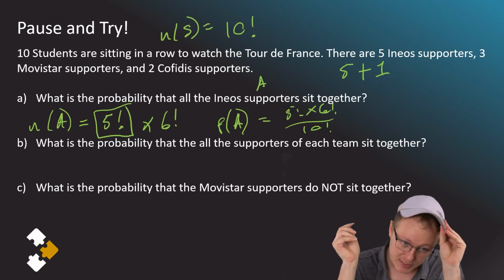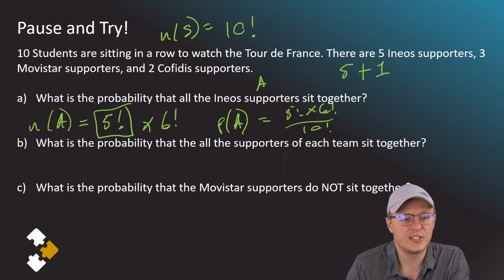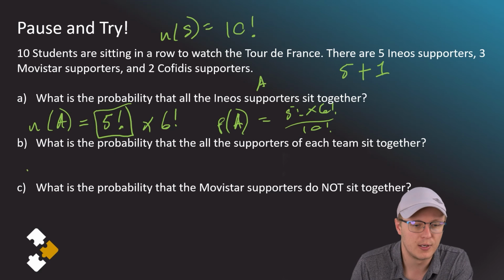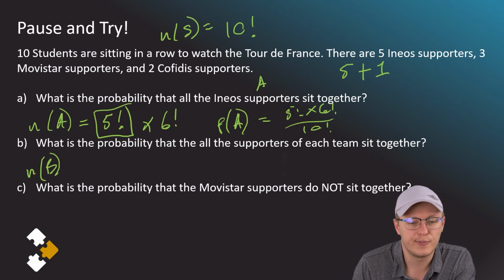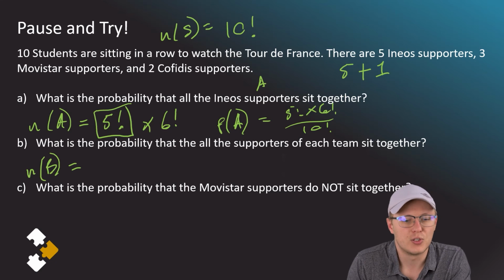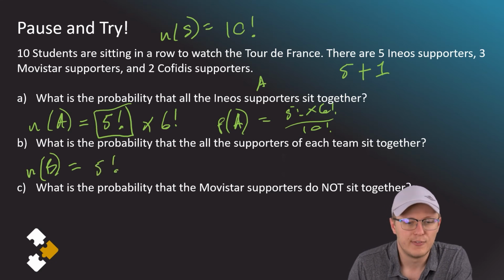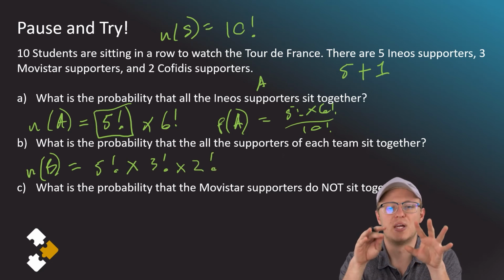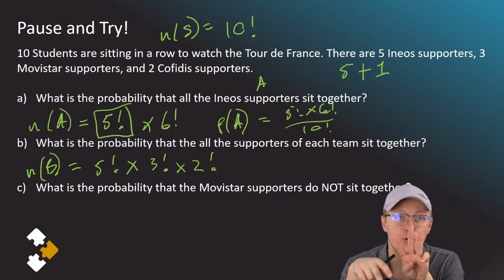Then it says, what is the probability that all the supporters of each team sits together? So now for this event here, basically we're saying that we're grouping it and that we've got 3 groups. So first, we're going to find out how many arrangements there are in each of the groups. So the 5 Ineos supporters can sit together in 5 factorial ways. The Movistar supporters can sit together in 3 factorial ways. And then the Cofidis supporters can sit together in 2 factorial ways. But now, there are 3 groups.